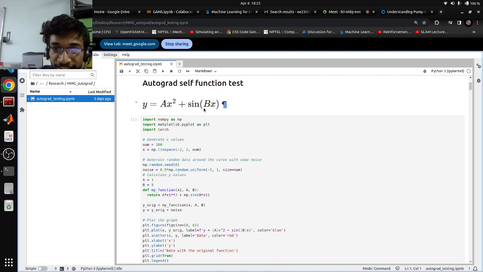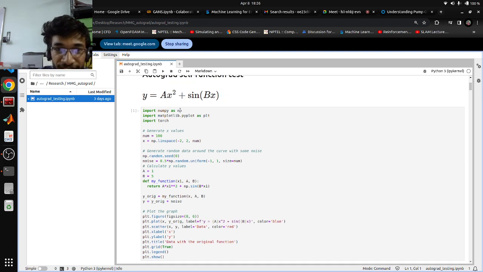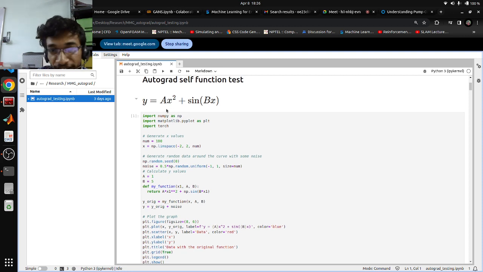Since there is a sine, this is already a non-linear function, but you know from your domain knowledge that it is expected to behave in some fashion like this, or maybe this could be your loss function or your differential equation, but for now we are just considering this kind of an example. For some reason, you believe that this is the underlying function, but you don't know the value of these parameters a and b.